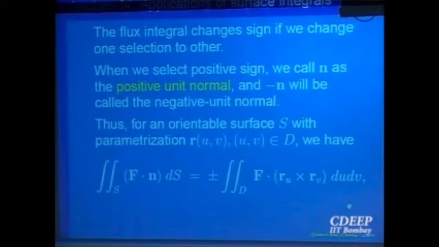This is the flux integral F dot n dS, where S has the parameterization (u,v) going to r(u,v). Is this formula okay for everybody? Because dS is nothing but the cross product magnitude times du dv, divided by the norm, the norms will cancel out, and it is du dv only. So this is the one which is useful in computations.